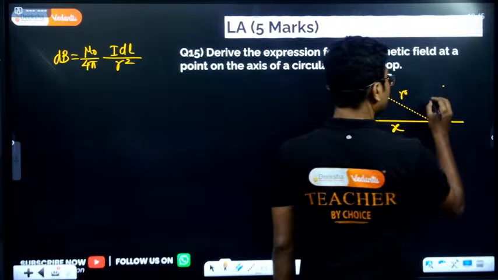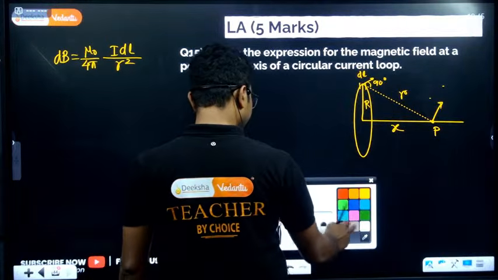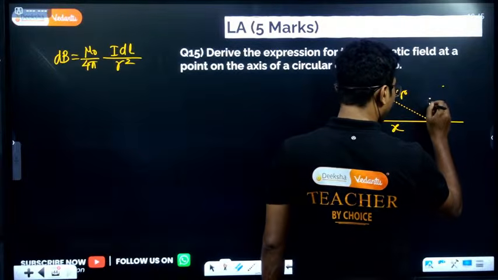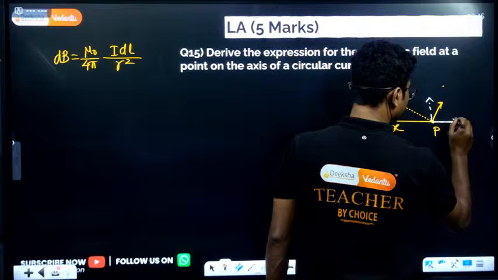So we will be taking two components: one component along the y direction and one component along the x direction.